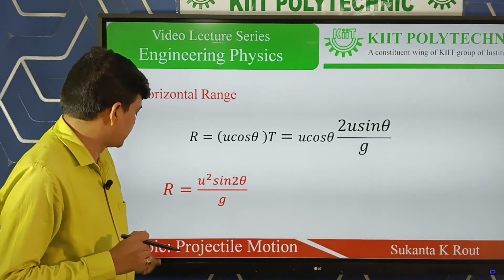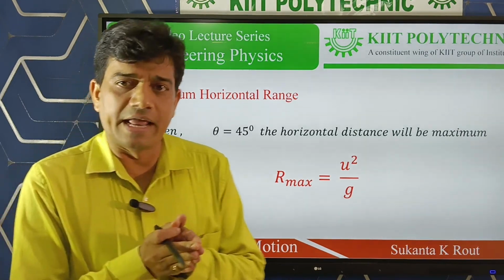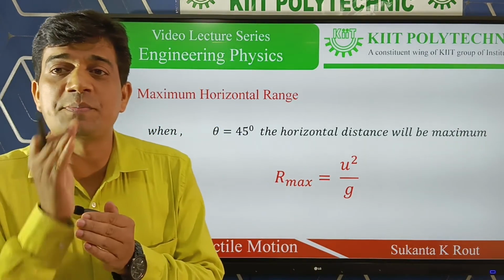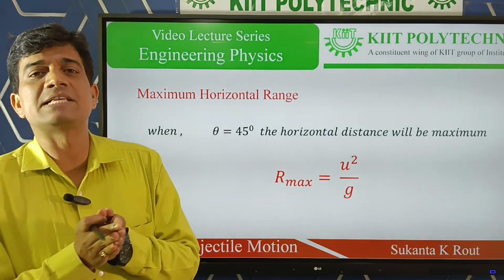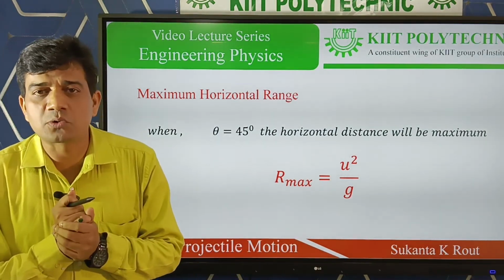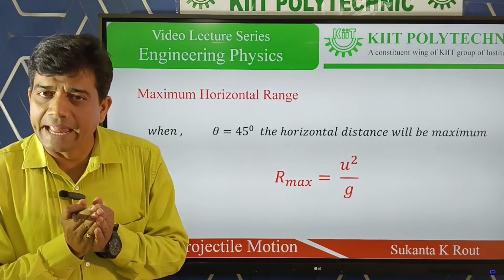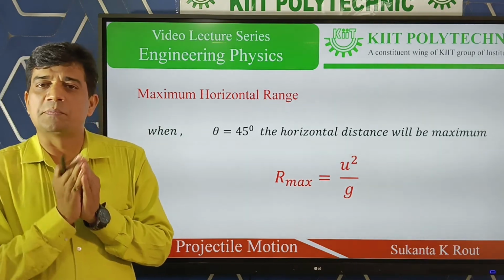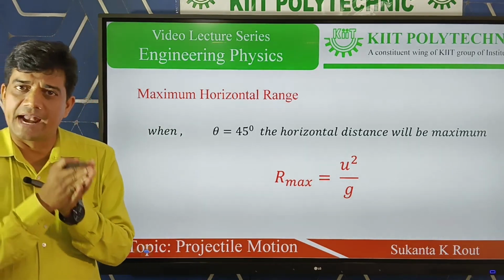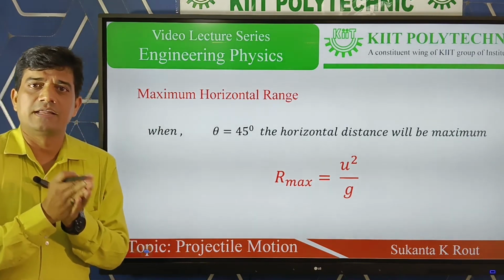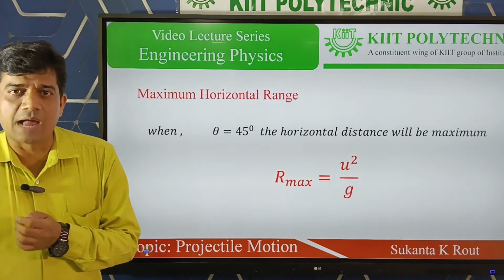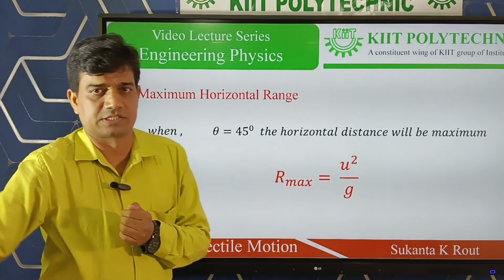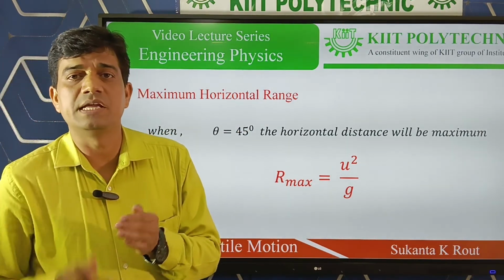Another very interesting thing is at what angle the projectile should be fired or thrown so that the horizontal range will be maximum. One can ask you a question: at what angle should a bullet be fired from the gun, or at what angle should an athlete throw the javelin in order to have the maximum horizontal range?